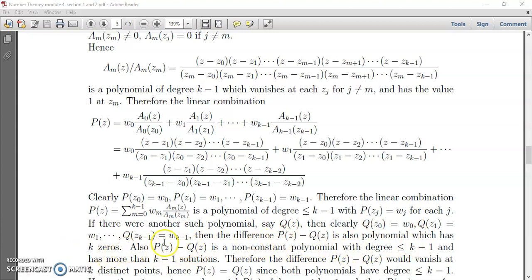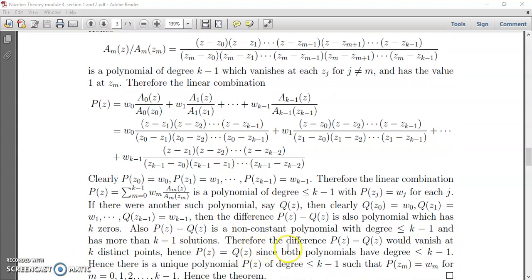But p of z minus q of z is a polynomial with degree less or equal to k minus 1 and has more than k minus 1 solutions; it has k solutions. So this won't happen unless p of z minus q of z is nothing but a zero polynomial.